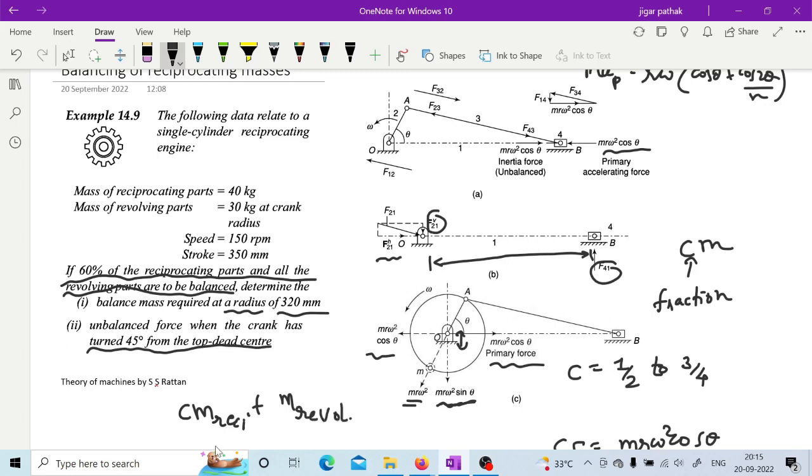Reciprocating mass is given as 40, revolving is 30, and c is provided as 0.6. So the total mass to be balanced will be 54. Is it correct?